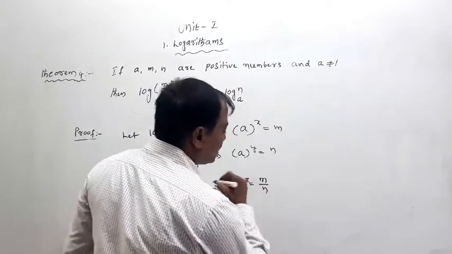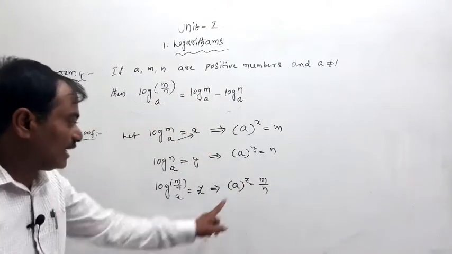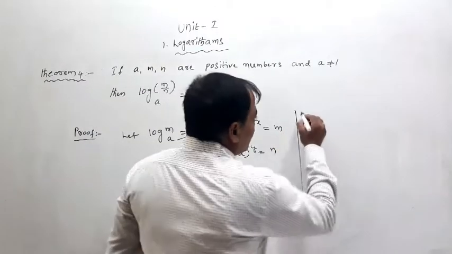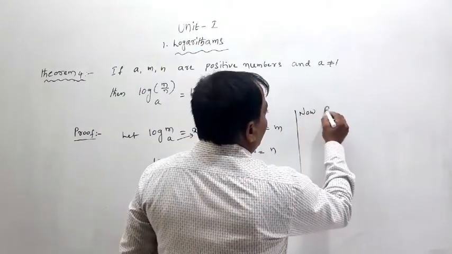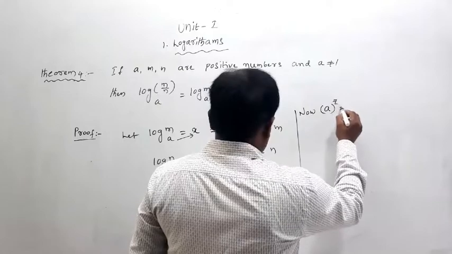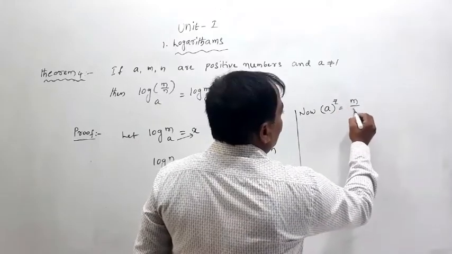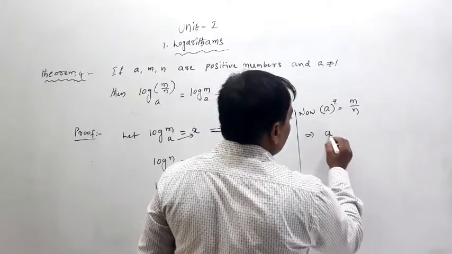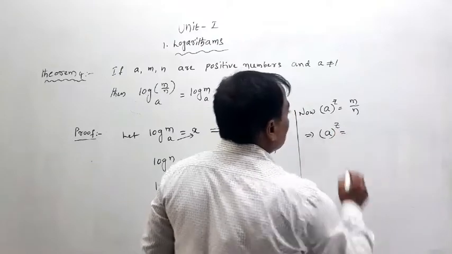m by n. Now we are taking this property. Now a to the power of z equal to m by n, and this implies a to the power of z equal to, we have to substitute m.